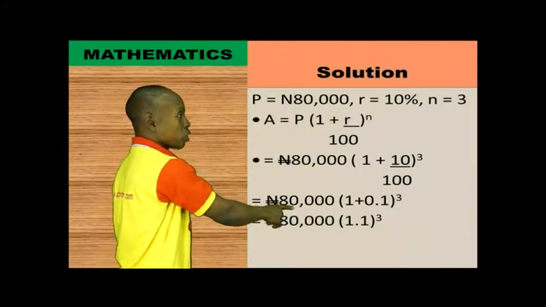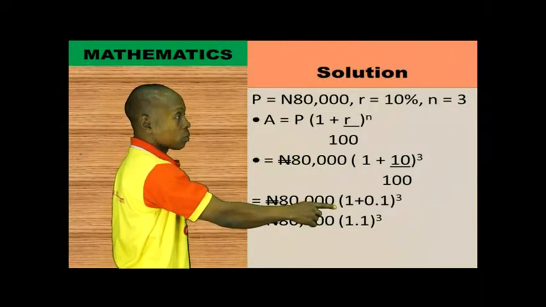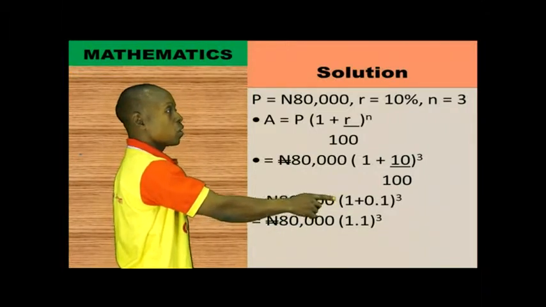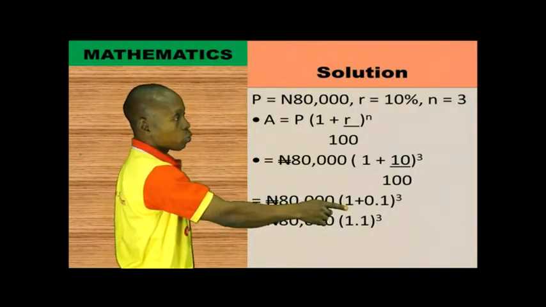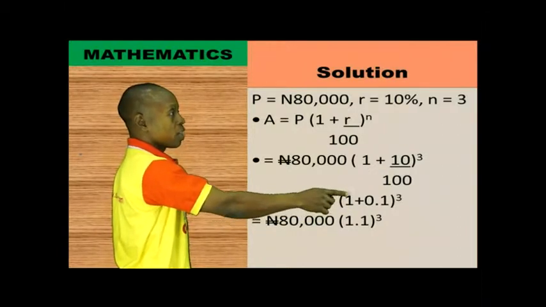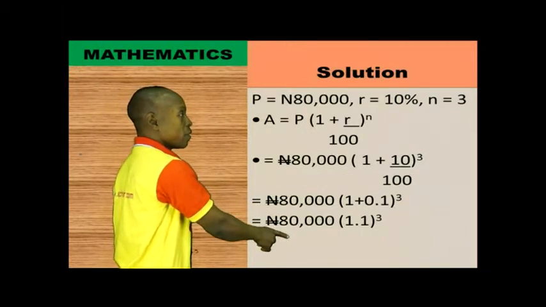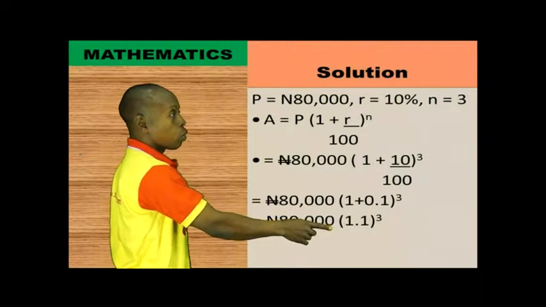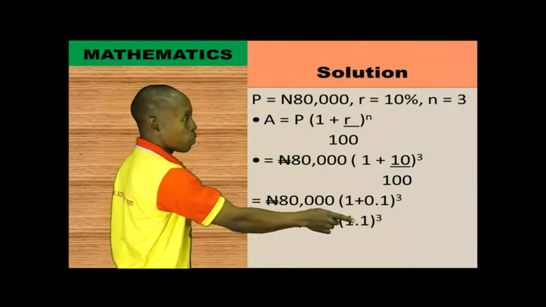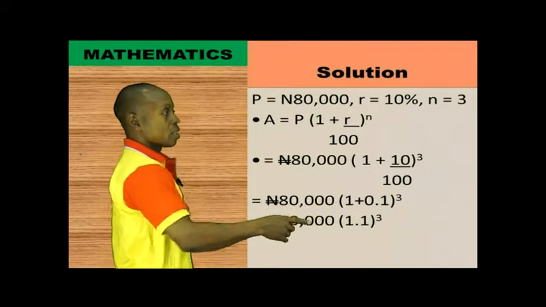So you have 80,000 into bracket 1 plus 0.1, because 10 divided by 100 gives you 0.1. So that's why you have 0.1 there raised to power 3. Then you have 80,000 into brackets 1.1, because 1 plus 0.1 gives you 1.1, then raised to power 3.